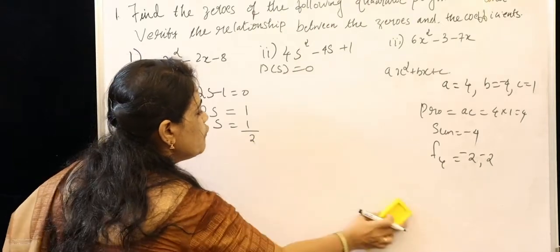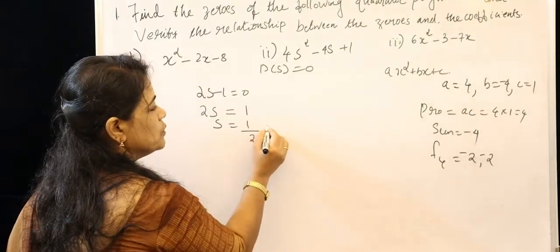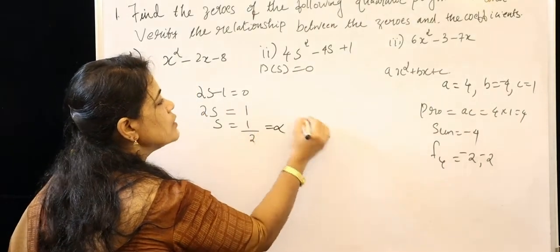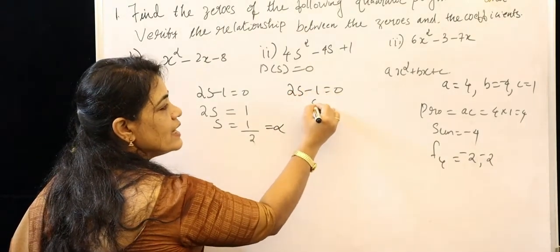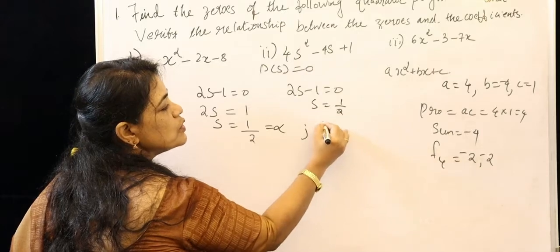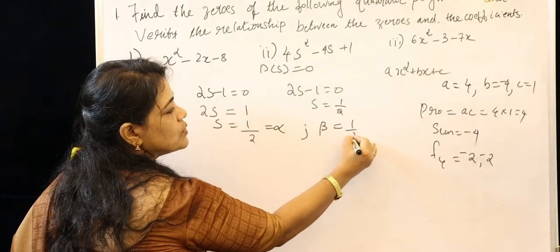So alpha equal to 1 by 2, and beta also, when you equate the second factor to 0, you will get s equal to 1 by 2. So beta also 1 by 2.